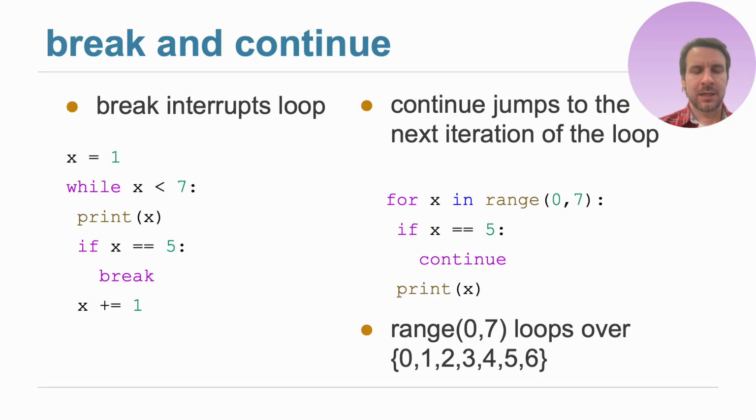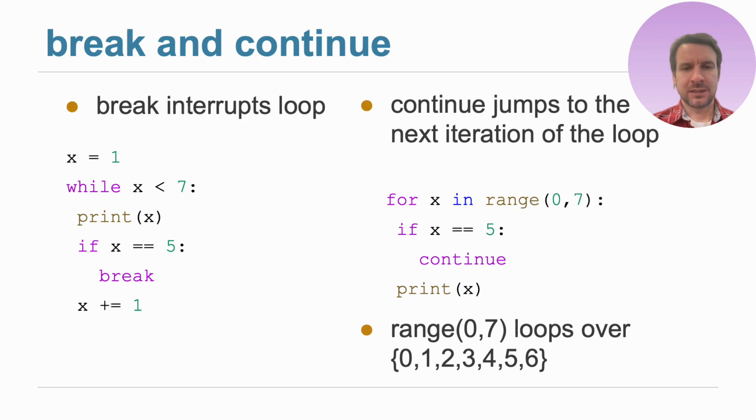In the example on the left, the program keeps running inside the loop, and x is increasing, and eventually when x is equal to 5, the break is encountered and it says stop the execution of the whole loop and continue after the loop.